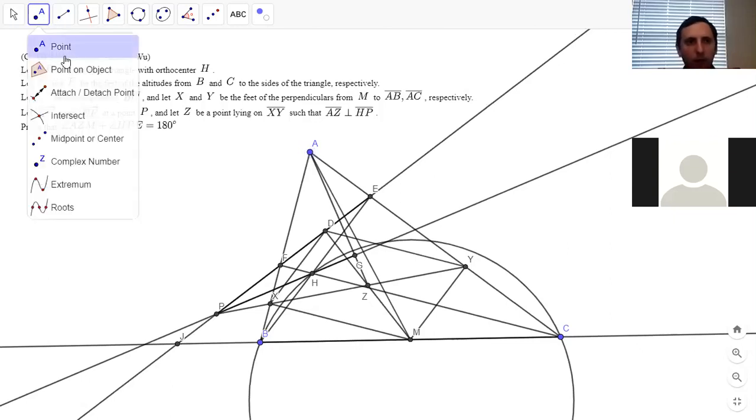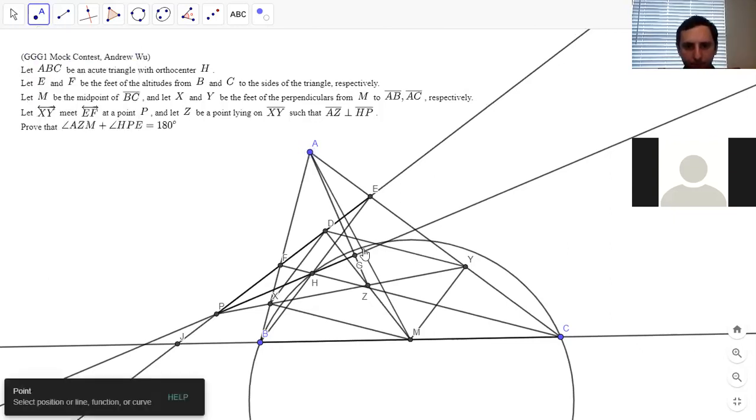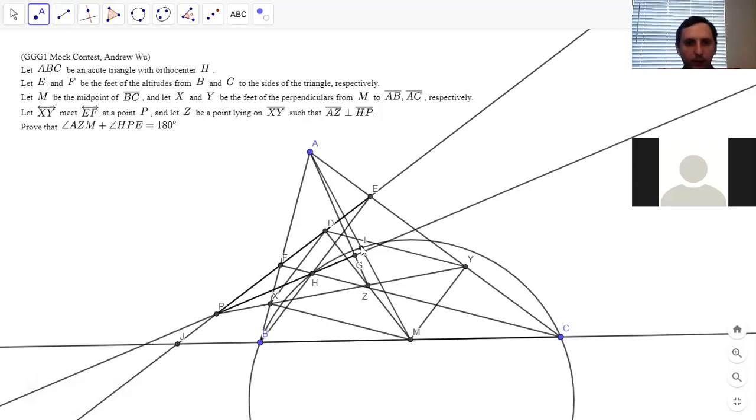Let's see. So we have HI is perpendicular to AM. And we want to show HG is perpendicular to AZ.